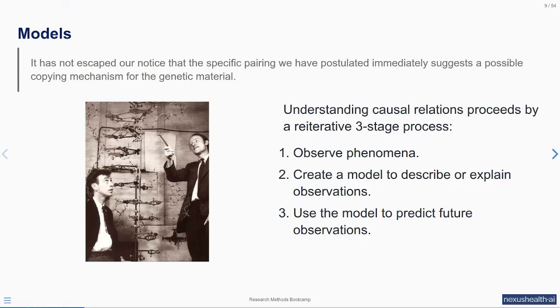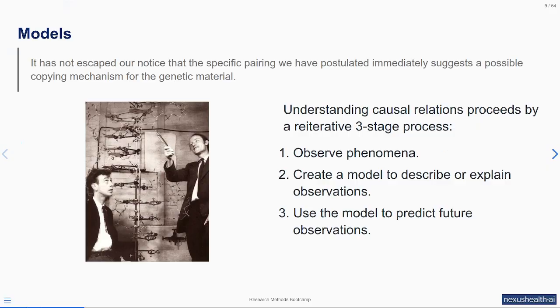And so, to understand causal relations, we have to proceed by a reiterative three-stage process. The first stage is to observe the phenomena. The second stage is to create a model to describe or explain observations. And the third step is to use the model to predict future observations.